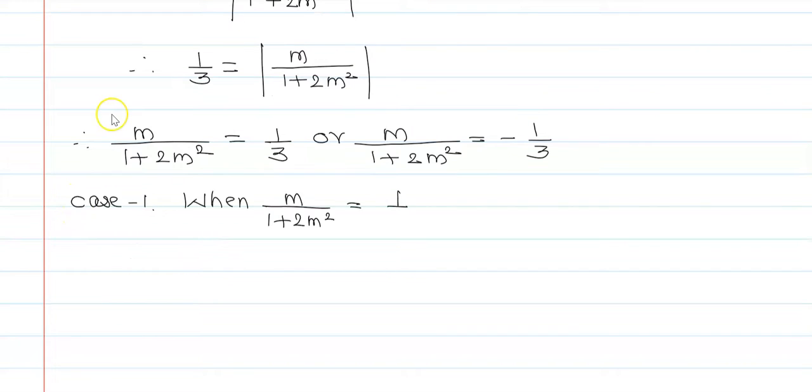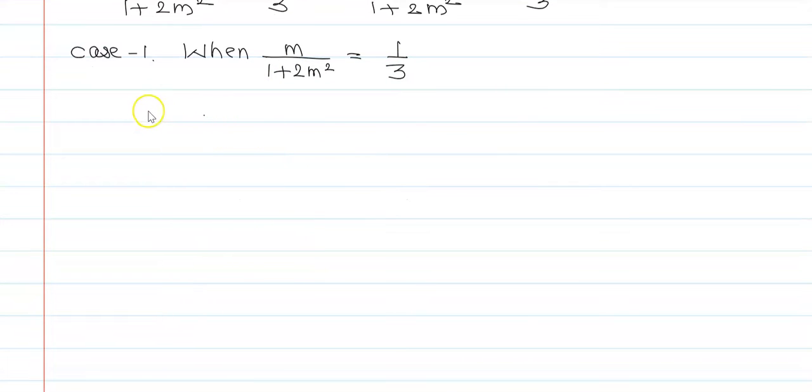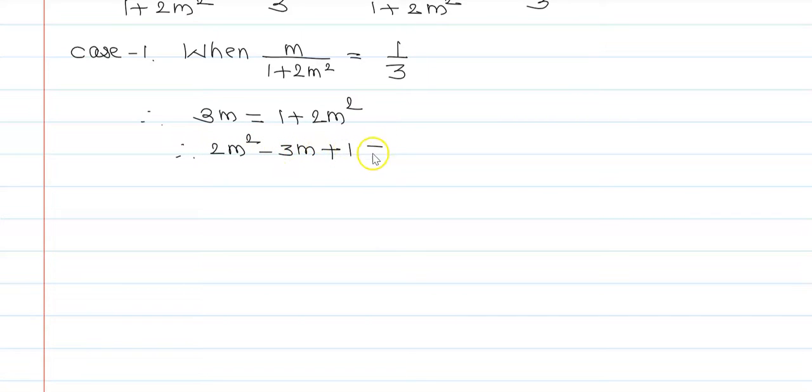Here we have case 1, when m upon 1 plus 2m square is equals to 1 by 3. We will evaluate this by cross multiplication. 3m is equals to 1 plus 2m square, and therefore 2m square minus 3m plus 1 is equals to 0.